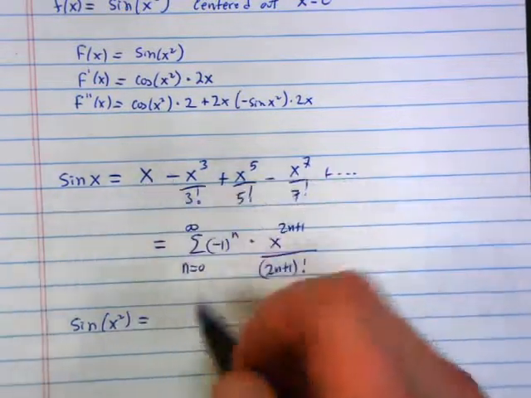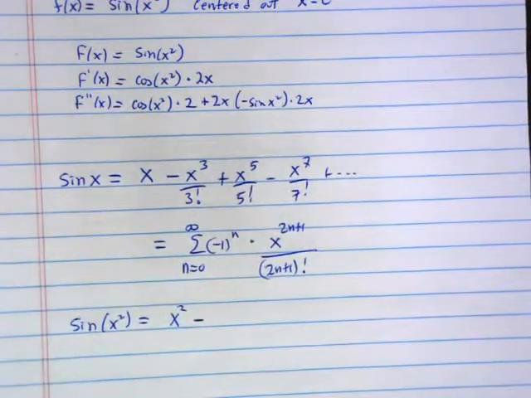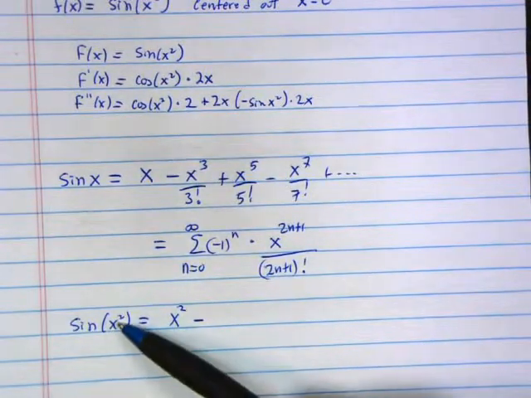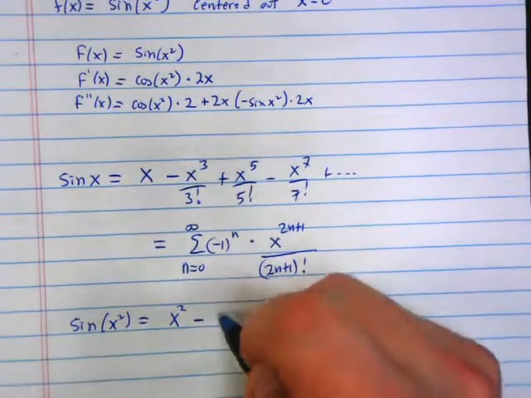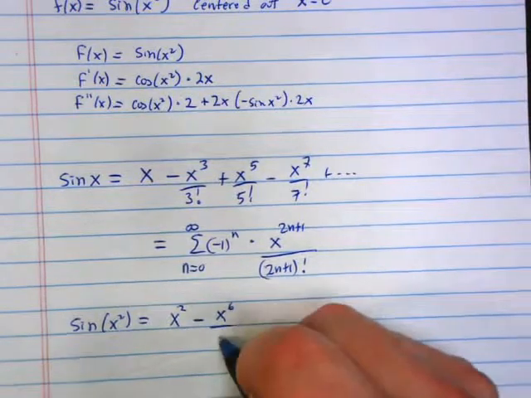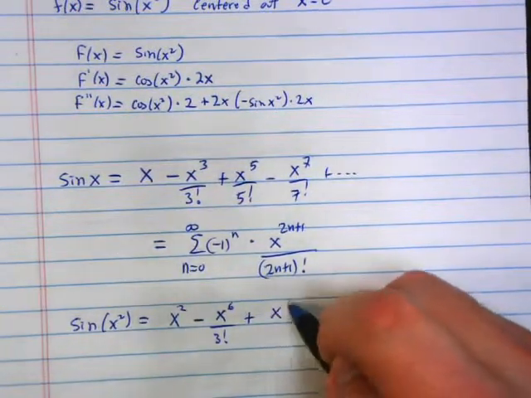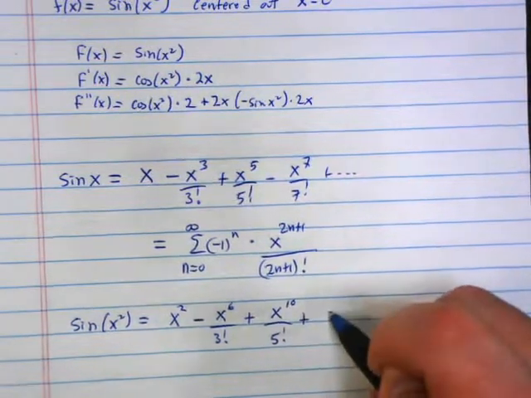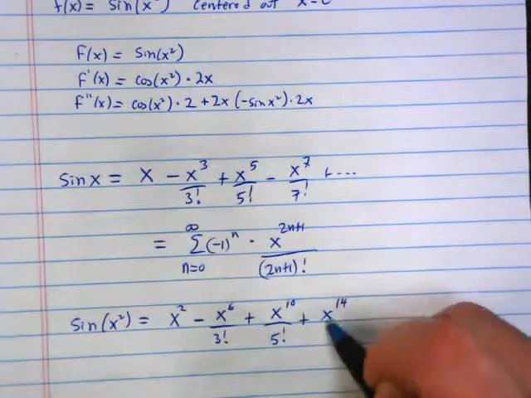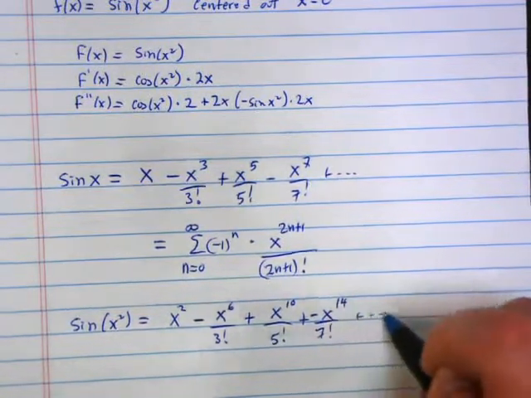So when I plug in x squared, I get x squared minus, what's x squared cubed? x to the 6 over 3 factorial, plus x to the 10 over 5 factorial, minus x to the 14 over 7 factorial, plus and so on.